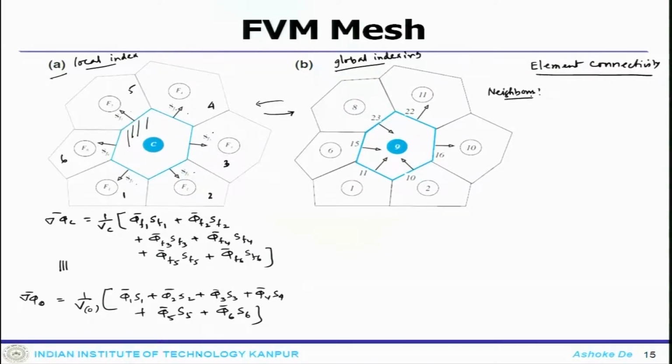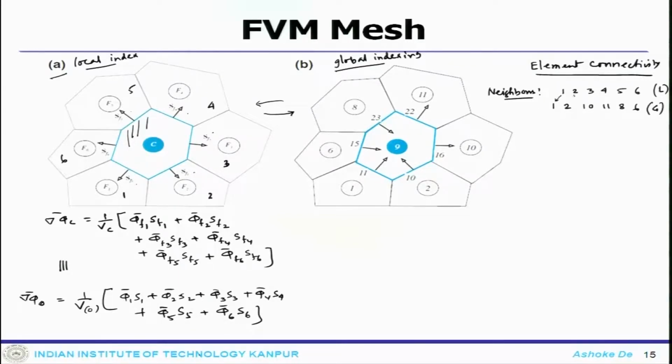Neighbors: you have two indexings, the local indexing is 1, 2, 3, 4, 5, 6, that is my local indexing. Now, the global indexing, this is 1, 2, 3, 4, 5, 6. So, if you look at global, this would be node number 1, this is 2, this is 10, 11, 8, 6. So, this is my global indexing.